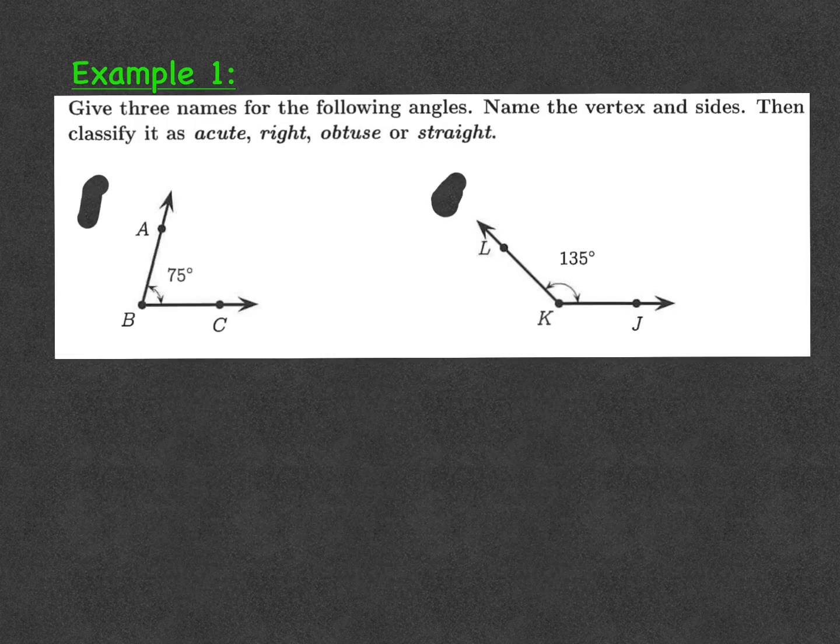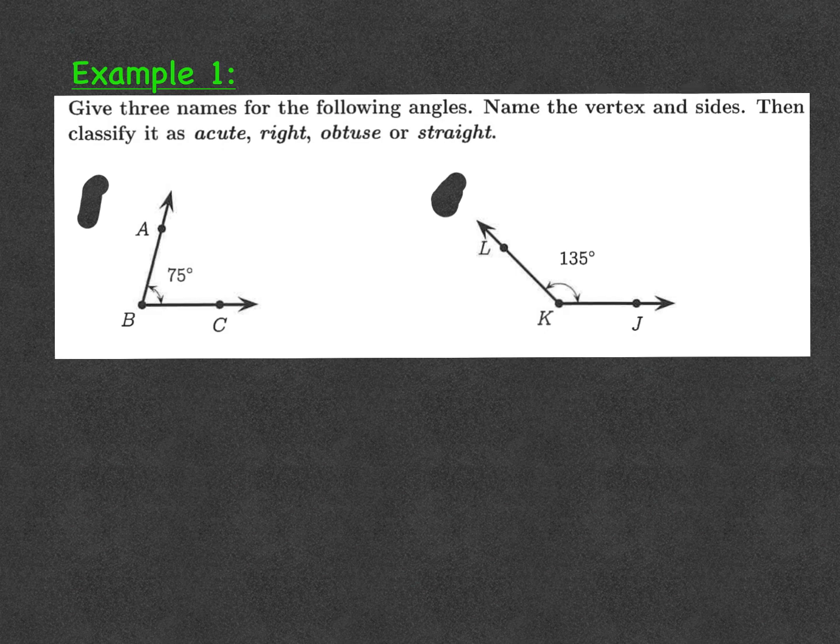So let's go to our example. It tells me to give 3 names for the following angles. So it wants 3 names, so there's 3 answers. Then it says name the vertex and sides. How many sides do I have? 2 sides. So I have 3 names, a vertex, that makes it 4 answers. 2 sides, 6 answers.